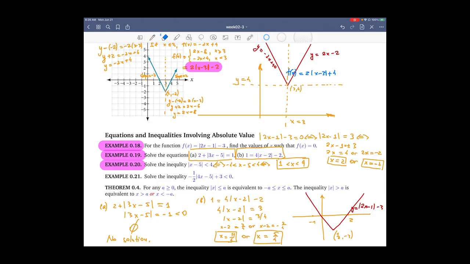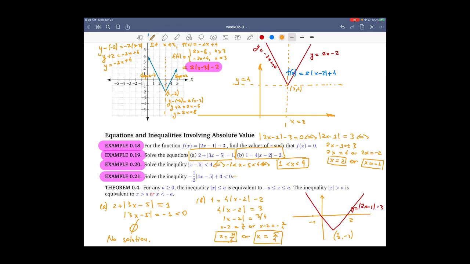All right, and example 21 is only marginally more difficult. We have here the inequality -1/2 times the absolute value of 4x minus 5 plus 3 is less than 0.